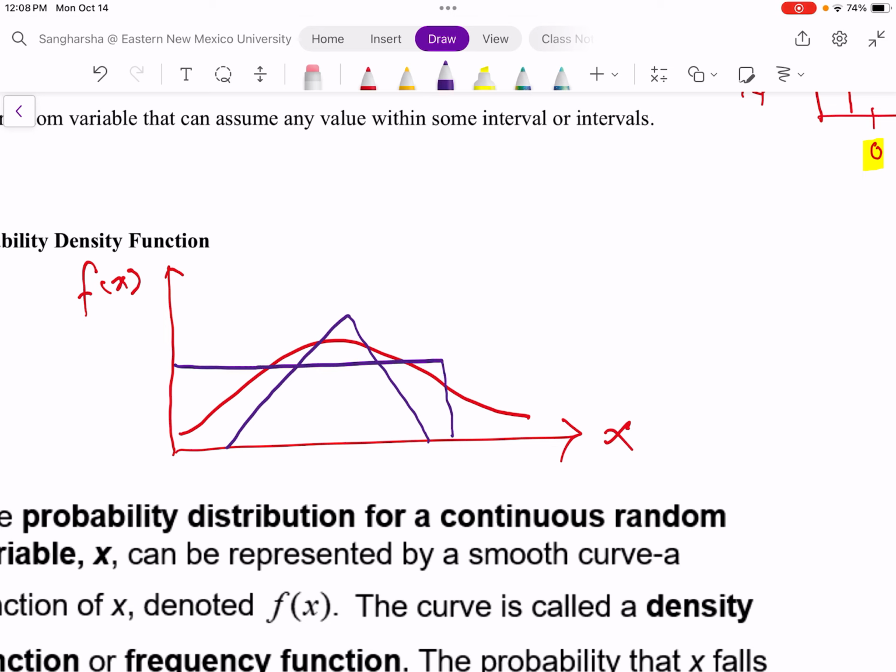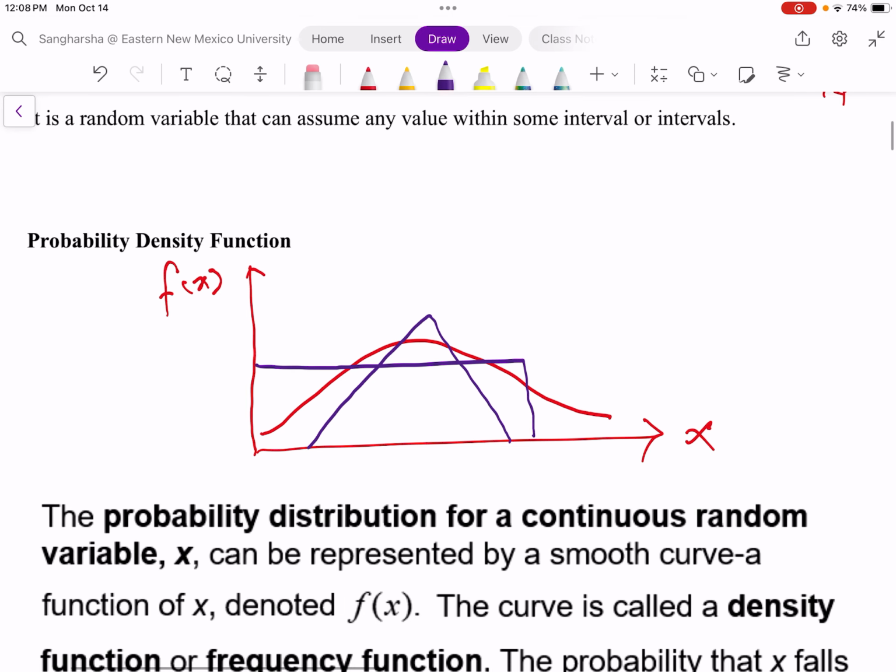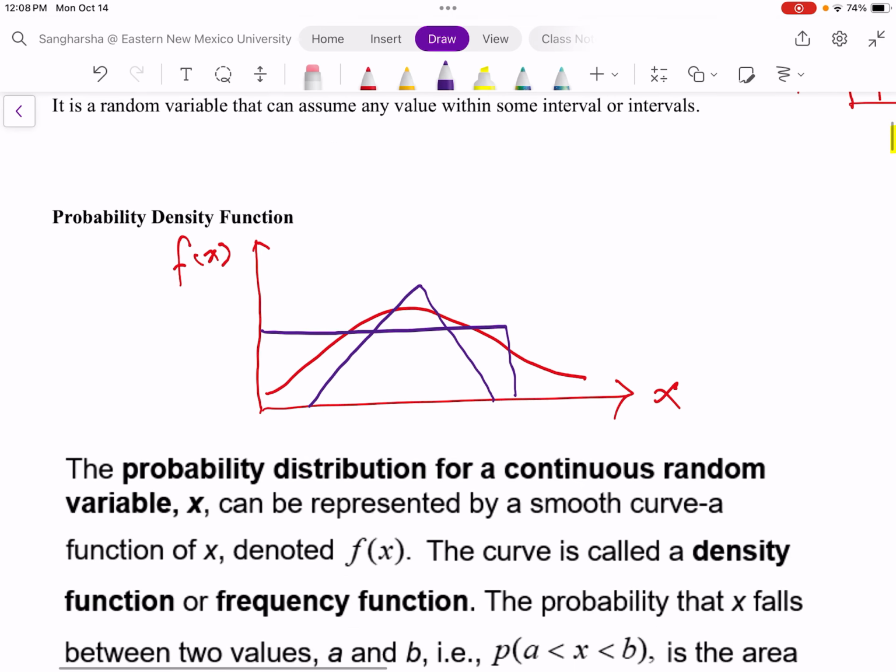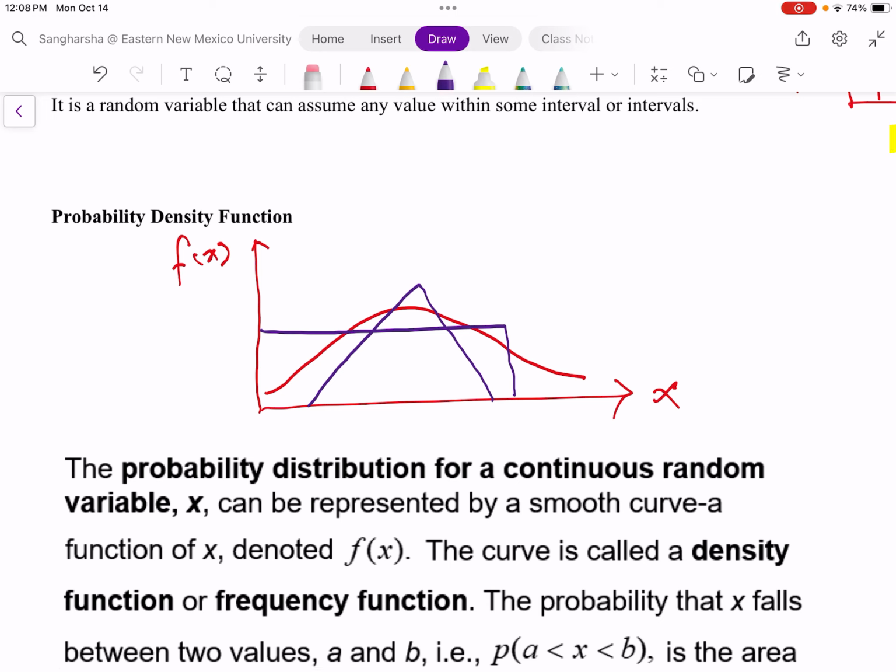So we use a smooth curve to represent the probability for a continuous random variable, and this curve is called the probability density function. With this curve, we can find the equation to represent this graph, and those equations are the function.